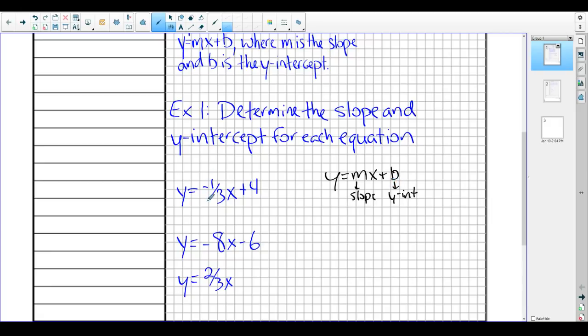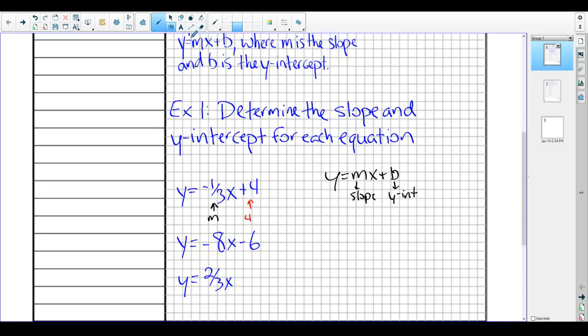Okay. So if I look over here, y equals, so that's what's important. It needs to start with y equals, which it does. And then we say, what number is being multiplied by x? And that's negative 1/3. You can say that's our slope. And what is our y-intercept? Is this number being added at the end?